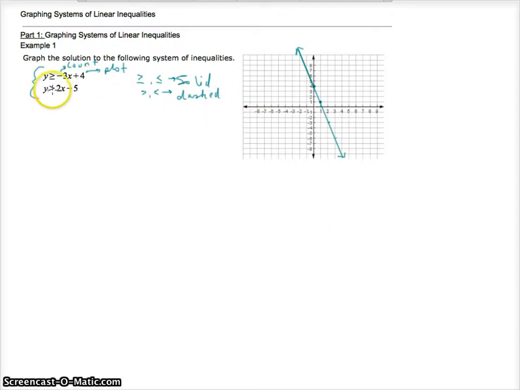Next, I need to graph y equals 2x minus 5. So I'm going to go down to negative 5. And my slope's up 2 over 1. Up 2, right 1. Up 2, right 1. Up 2, right 1. And now I can connect the dots.